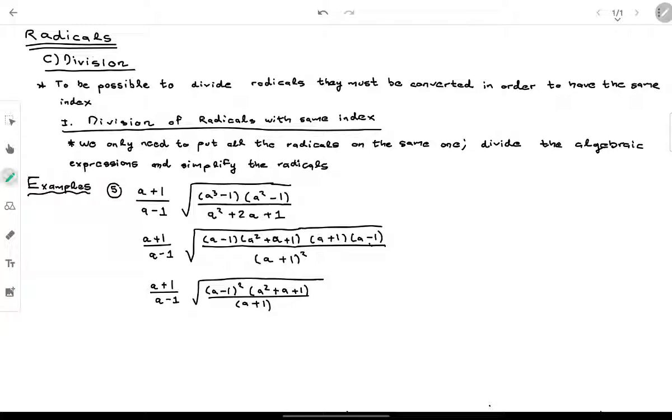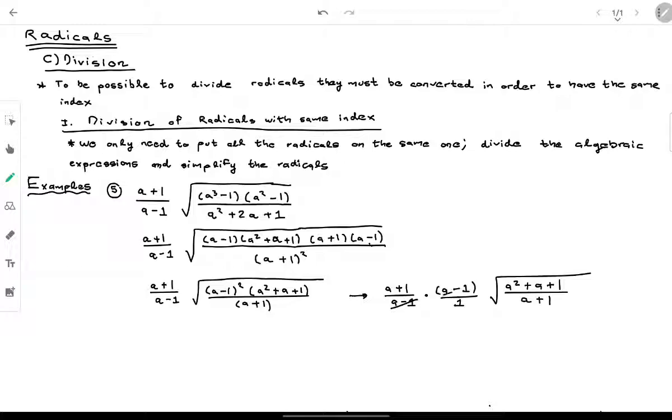I can take out an a minus 1 on top, and it's going to be on the inside part a squared plus a plus 1, all of it divided by a plus 1.